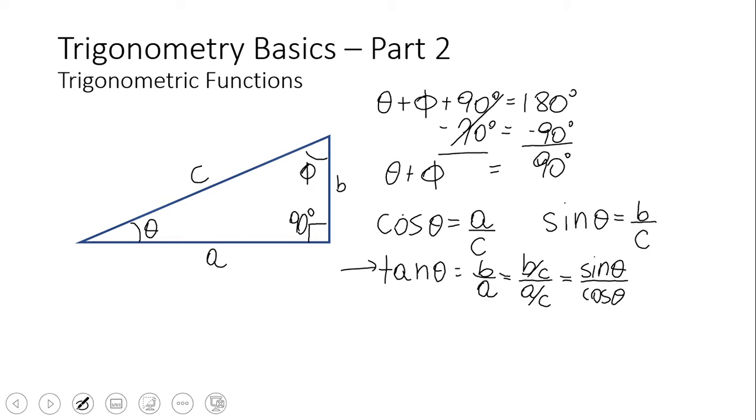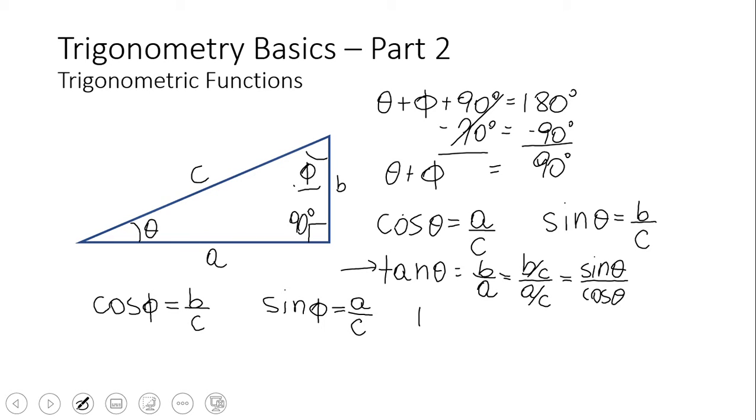Notice that the cosine of the angle theta, the angle between C and A, is defined as the ratio of A over C. And the sine of the angle theta was defined as the ratio of the opposite side, B, divided by C. We could have done exactly the same thing using phi, and we would have said that the cosine of phi is equal to, the angle phi being the angle between B and C, in the same way, the side B divided by C. And the sine of the angle phi should be the opposite side, which is A, divided by C.